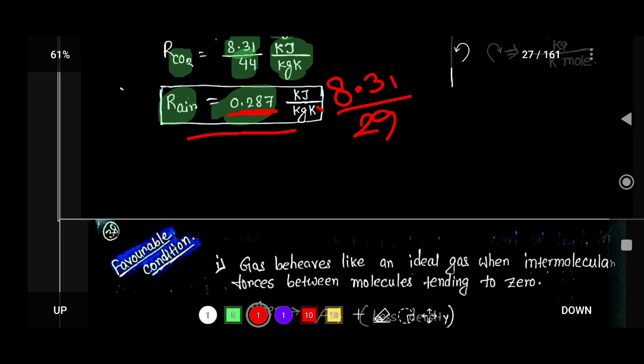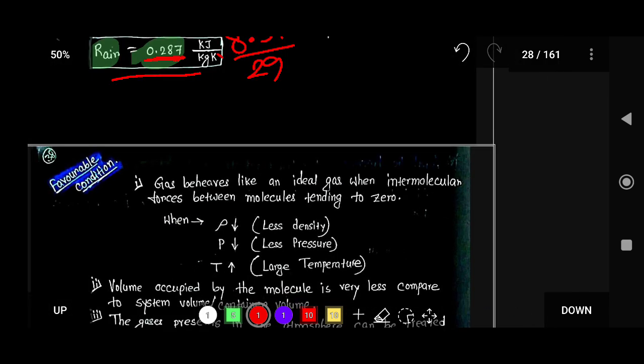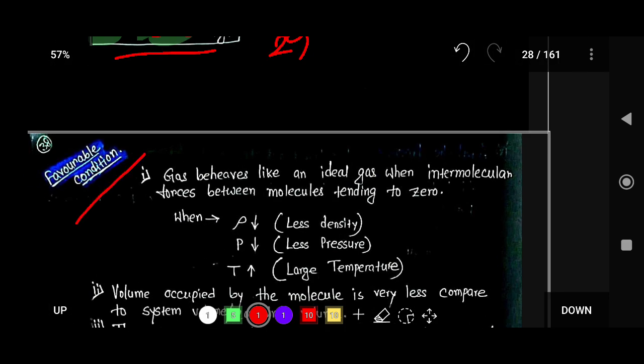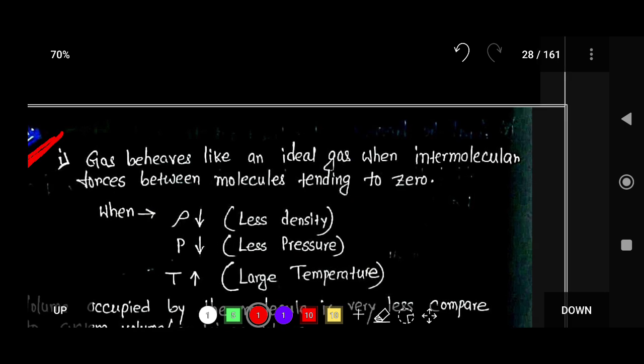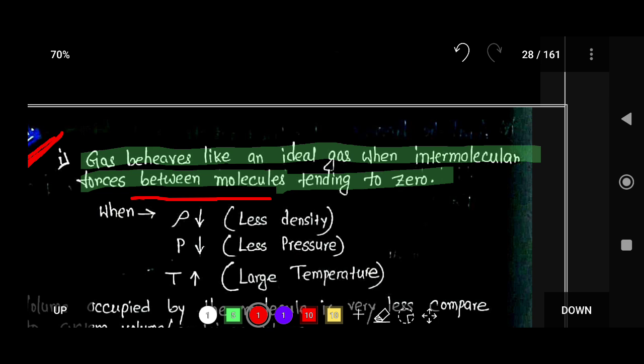Now there is some data given, that is the favorable conditions. The gas behaves like an ideal gas when the intermolecular forces between molecules are tending to zero.